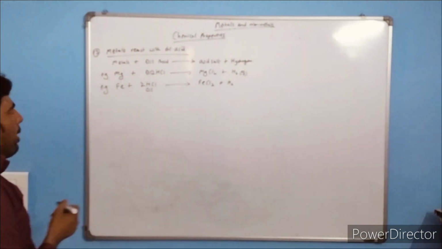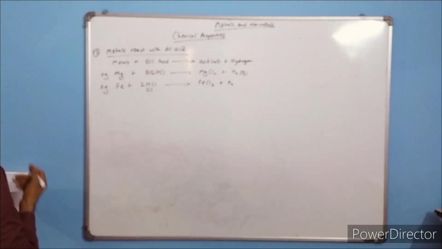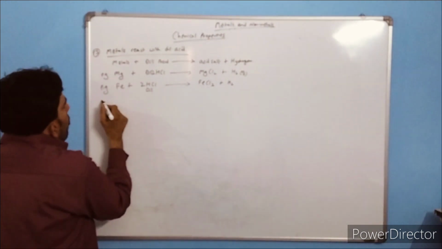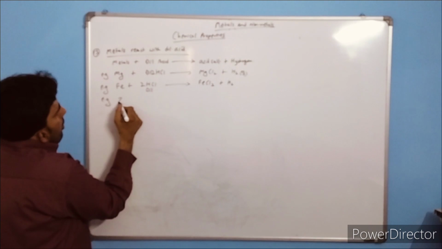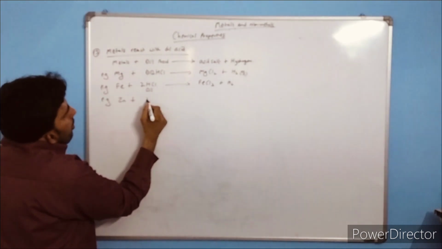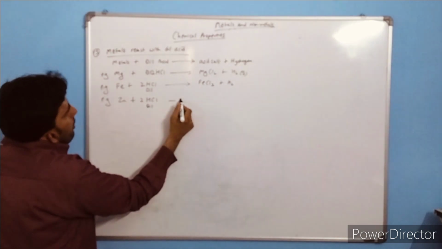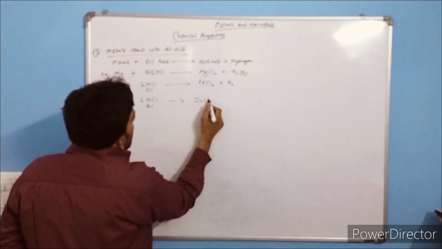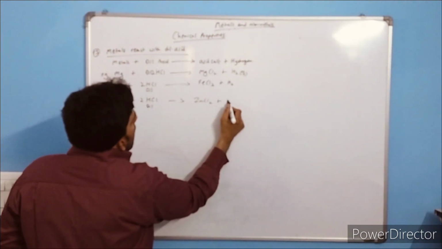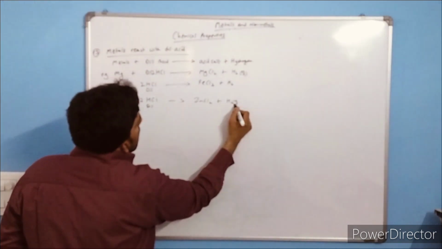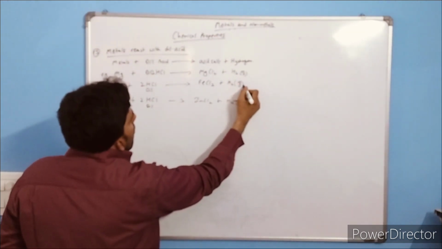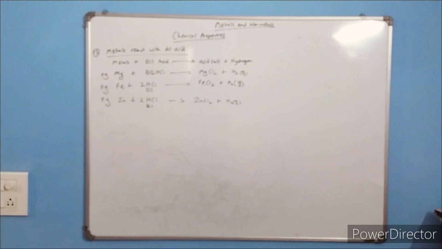More examples: we have magnesium, we have iron, we can take zinc also. Zinc with dilute HCl gives ZnCl2 plus H2 gas.